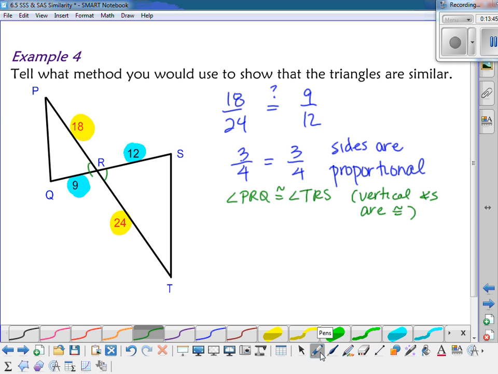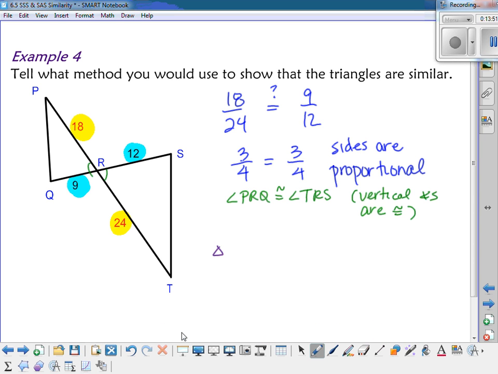And so I've got proportional sides and the included angle between them is congruent. Therefore, I know triangle PQR is similar to triangle TSR by side angle side similarity.